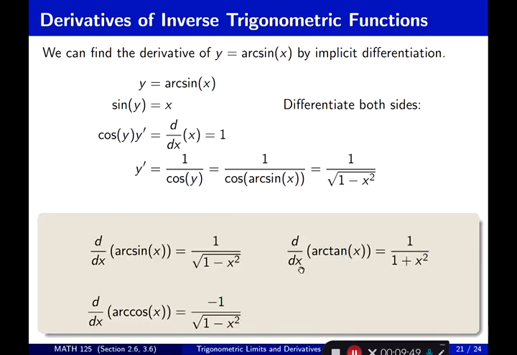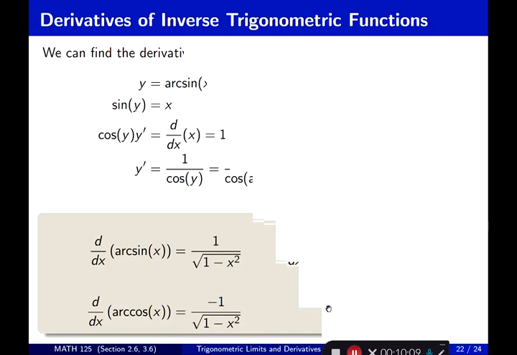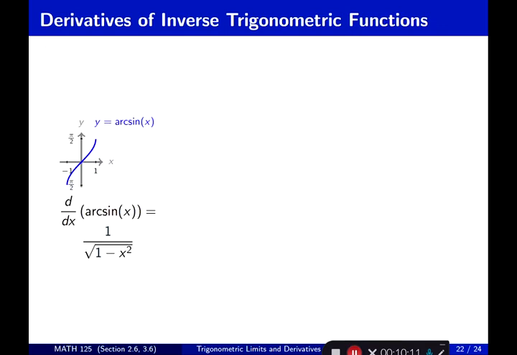Now formulas to memorize: derivative of arcsine of x is equal to 1 over square root of 1 minus x squared. Derivative of arctangent of x is 1 over 1 plus x squared. Derivative of arccosine of x is negative 1 over square root of 1 minus x squared. And let's just match those with the graph of the functions.